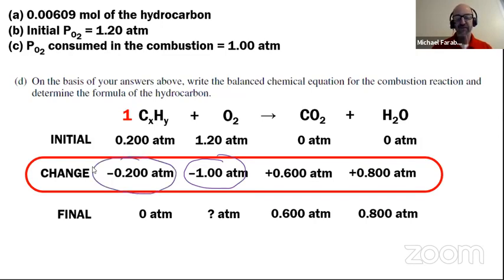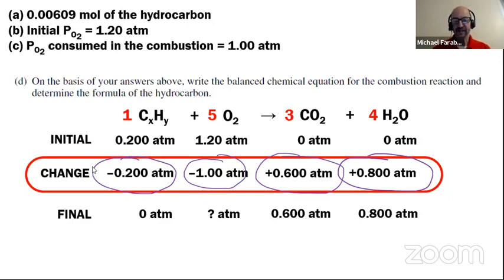So 1 is 5 times greater than 0.2, so I'm going to go ahead and put a 5 in as my coefficient. And then as you compare the 0.2 with the 0.6, you can see that the change in carbon dioxide is 3 times as much. Compare 0.2 with 0.8, and you can see that the change in water compared to hydrocarbon is 4 times as much.